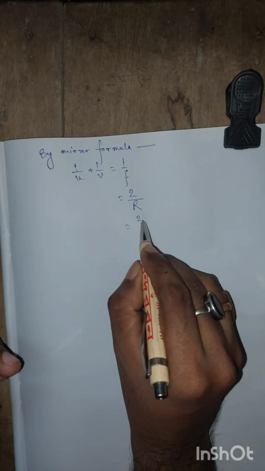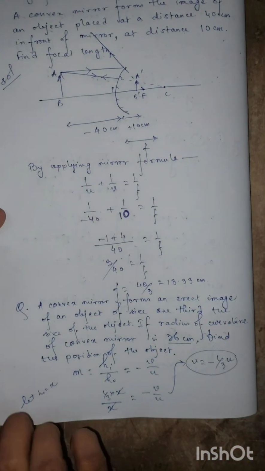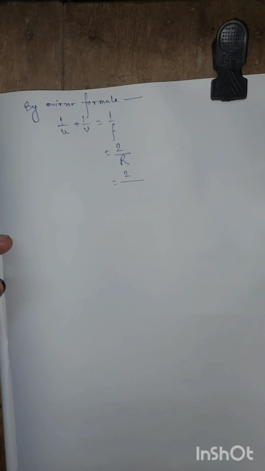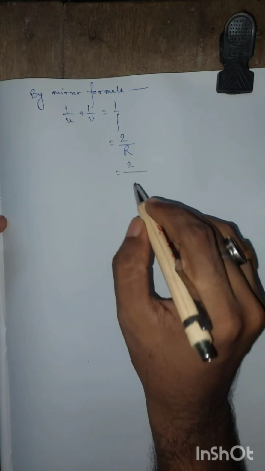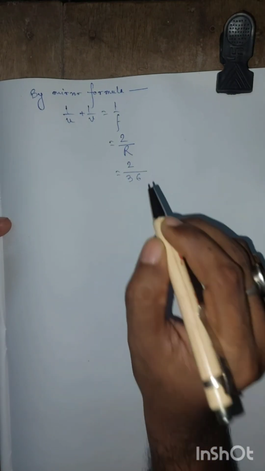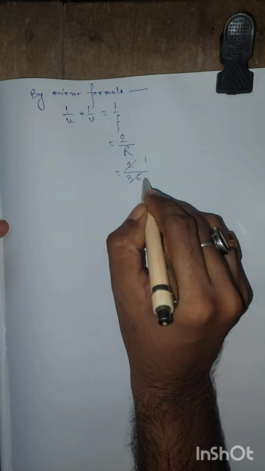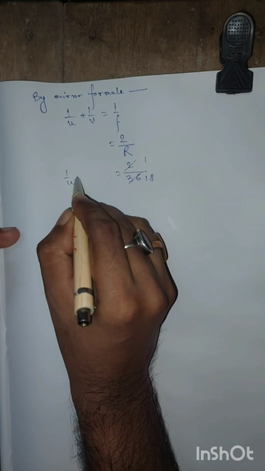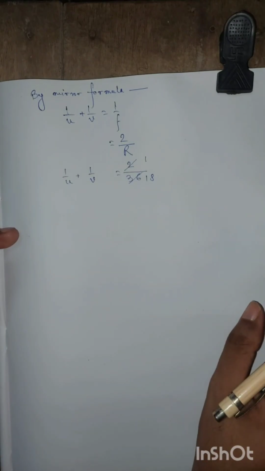So it is 2 by radius of curvature, which is 36. So for a convex mirror, the radius of curvature is positive. So we can say this is 1 by 18. Now we are getting 1 by u plus 1 by v is equal to 1 by 18.